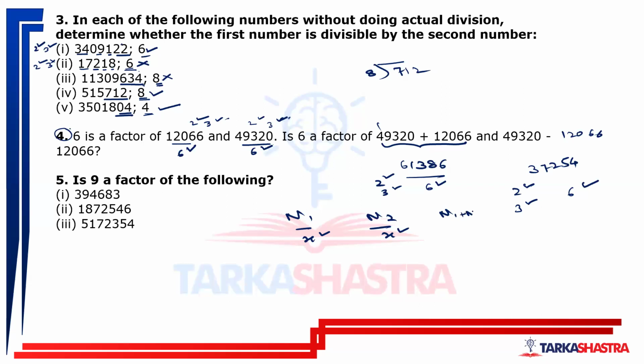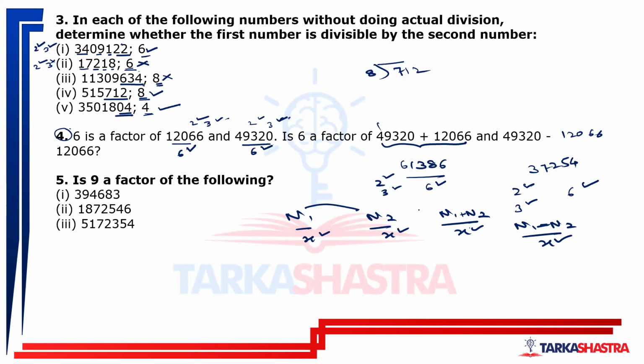Then n1 plus n2 is divisible by x, and n1 minus n2 is also divisible by x. Okay, so I hope you have understood this fourth question as well.